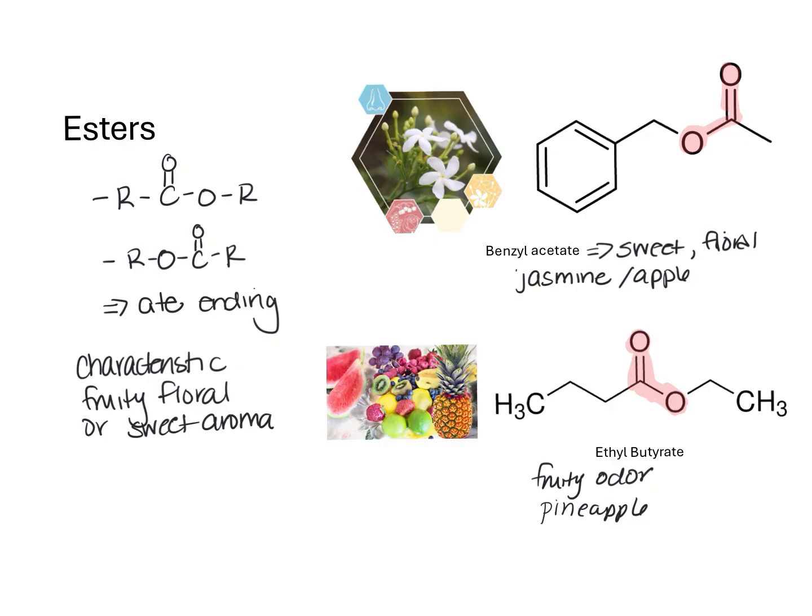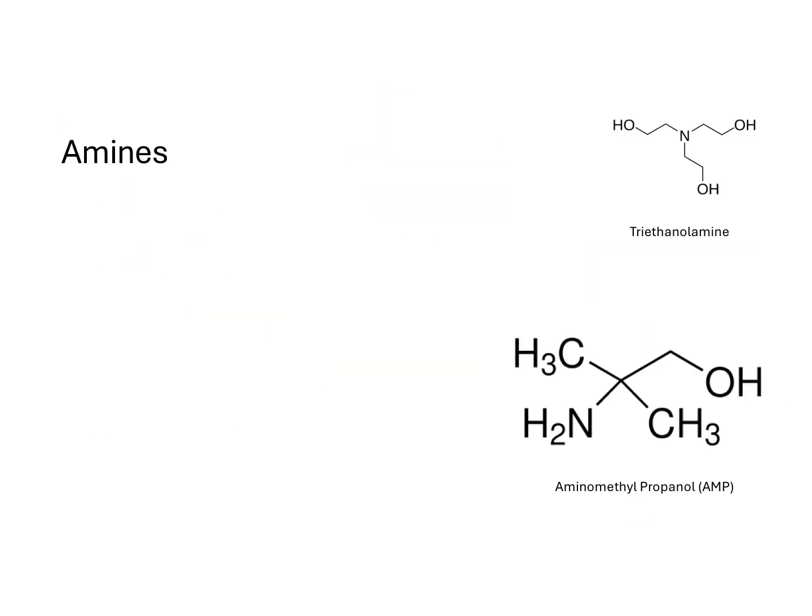Our next group of functional groups are amines. These are pretty nice to recognize. They have a nitrogen functional group in them. The thing that's kind of tricky is the number of hydrogens. So they can either have 3 R groups, so 3 carbon containing molecules, or a nitrogen with 1 hydrogen and 2 R groups, or a nitrogen that has 2 hydrogens and an R group.